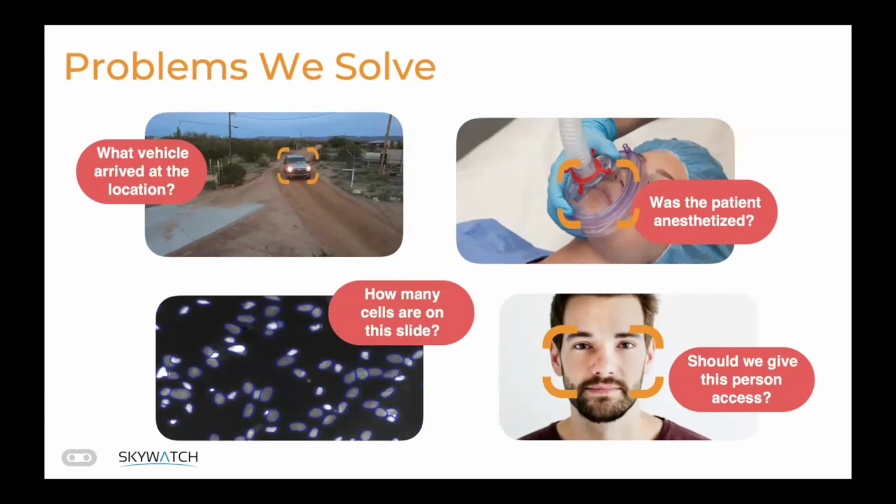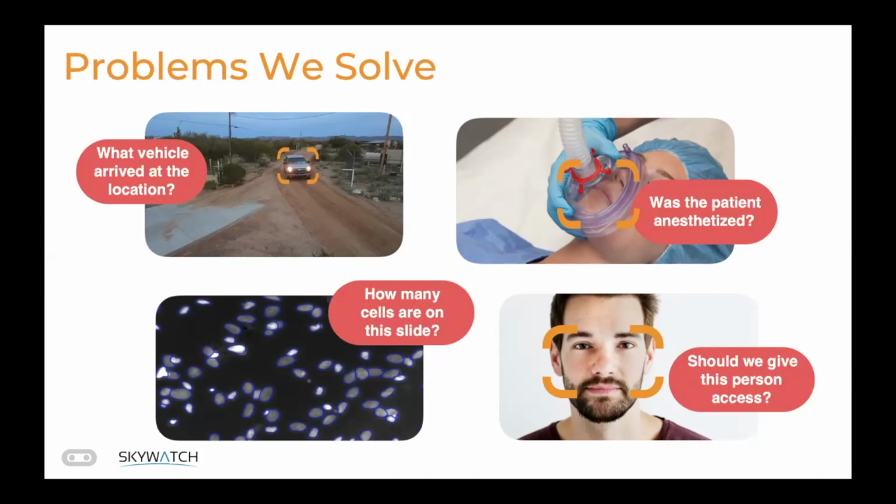So we train the AI to identify what a vehicle is, or what an anesthesiology mask is, or what a cell nuclei is, or what the biometric features of a person's face are, so we can authenticate them to access data or locations. And that's the commonality of all of these.